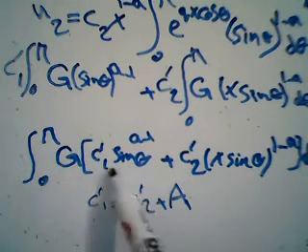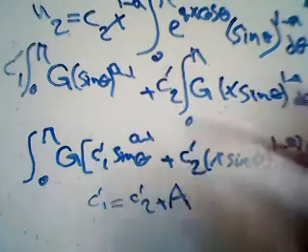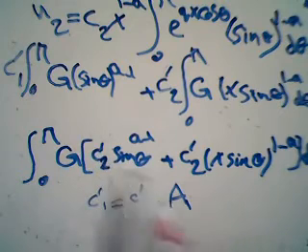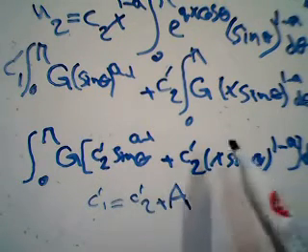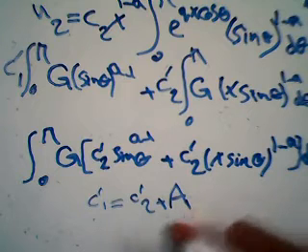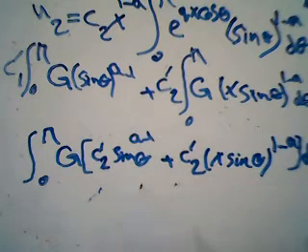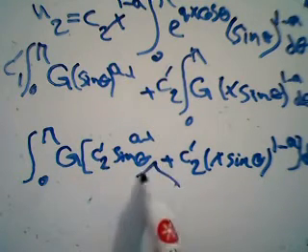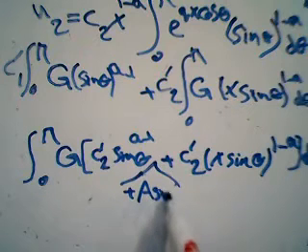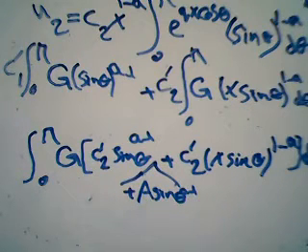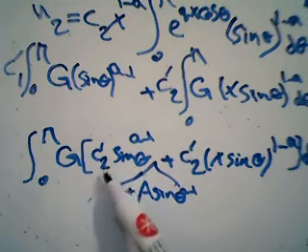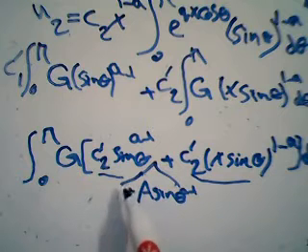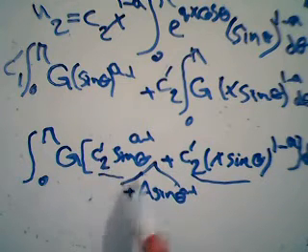And then this should be equal to C prime 2 sine theta to the A minus 1 plus the big A sine theta A minus 1, and write these two, take C prime 2 outside.